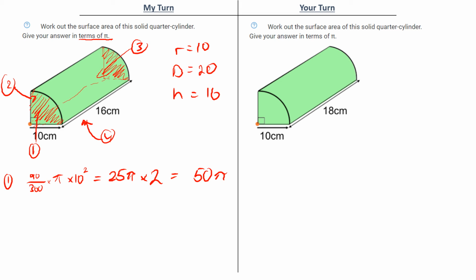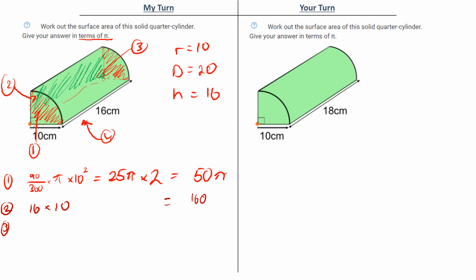Right, okay, so for the back rectangle, face 2, we've got a height of 16 times 10, which is 160. The next thing we're going to do is face 3.